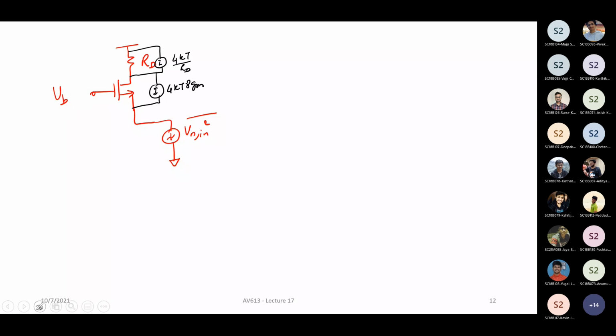So what is your Vn out squared bar? It is nothing but 4kT divided by RD plus 4kT gamma gm. This is the total noise current power spectral density multiplied by the output impedance squared. This is your Vn out squared bar.